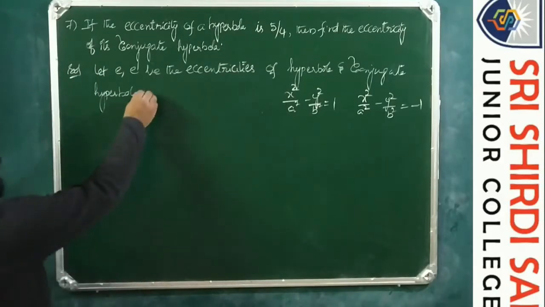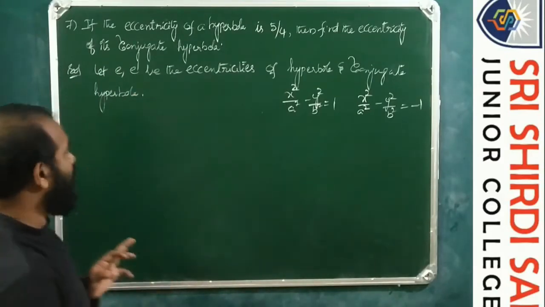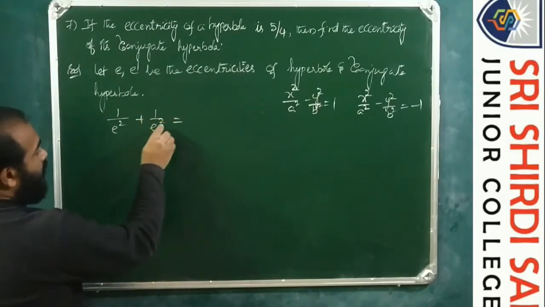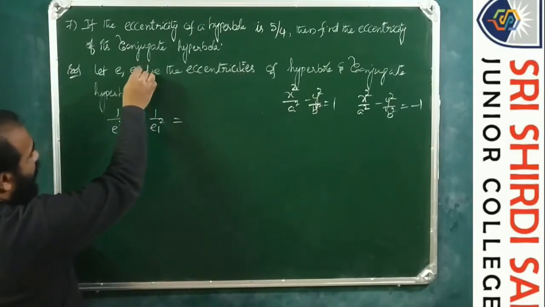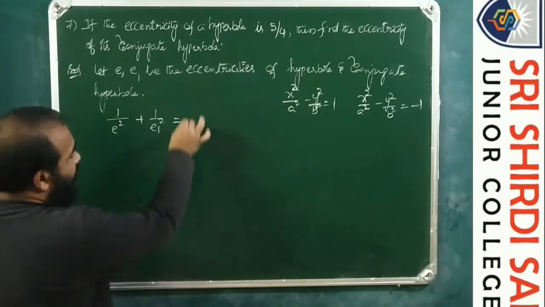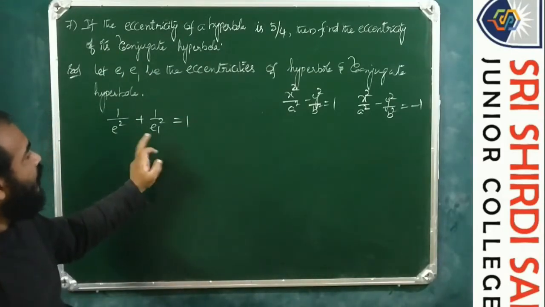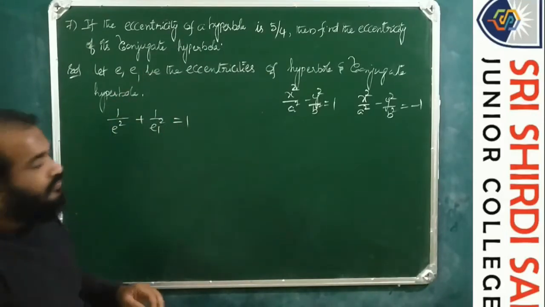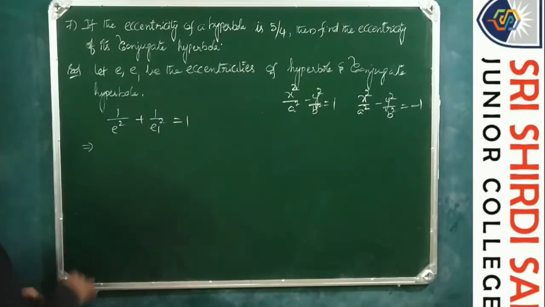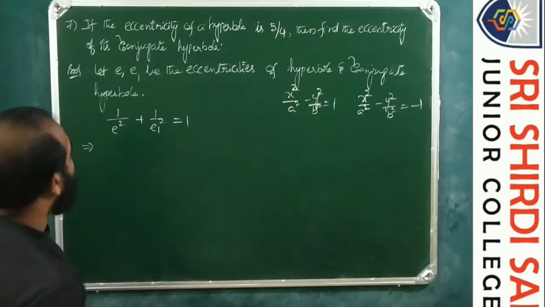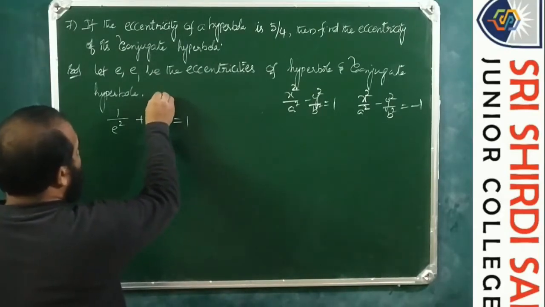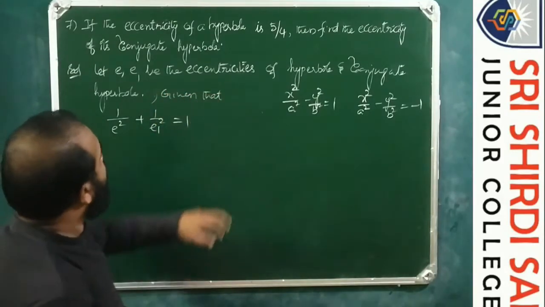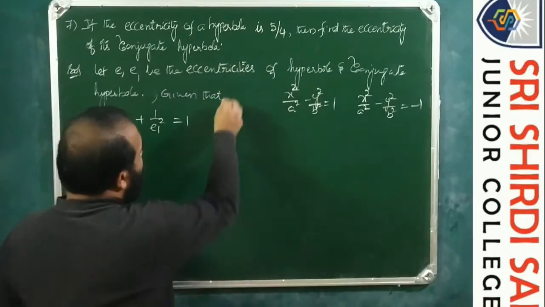Then it is connected by the relation 1 by e square plus 1 by e1 square equals 1, where e1 is the eccentricity of the conjugate hyperbola. Given that the eccentricity of the hyperbola e is equal to 5 by 4.